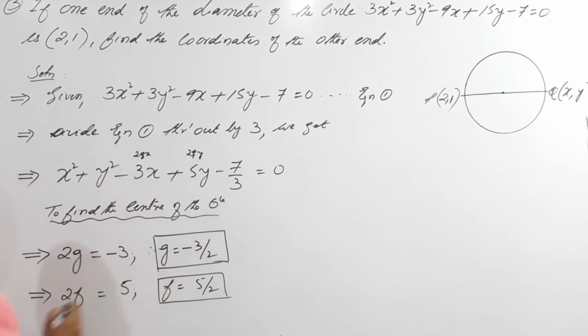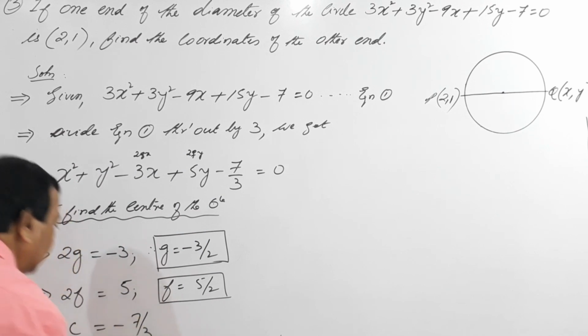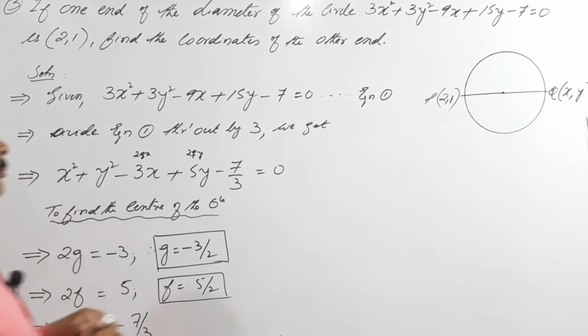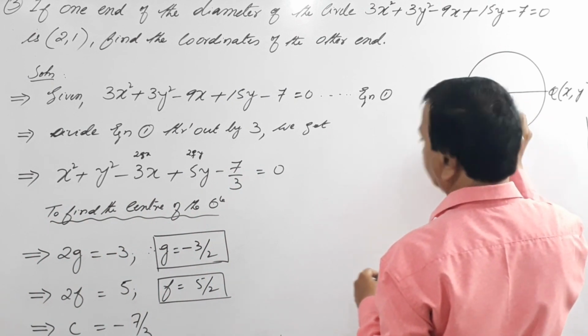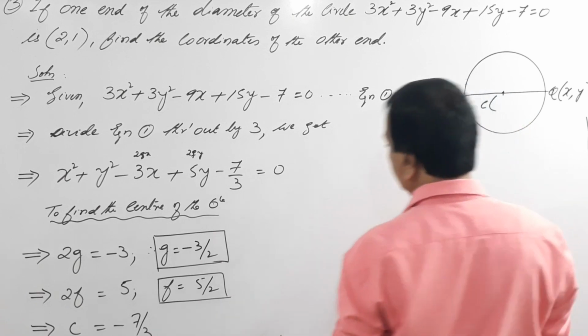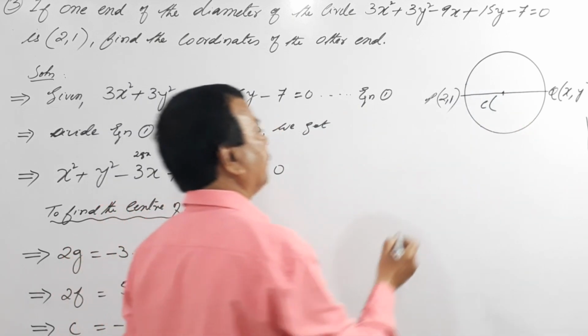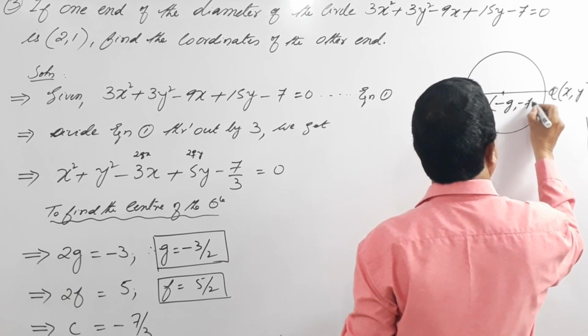C equals minus 7 by 3. Right? So what is the center point now? C will be minus g comma minus f.